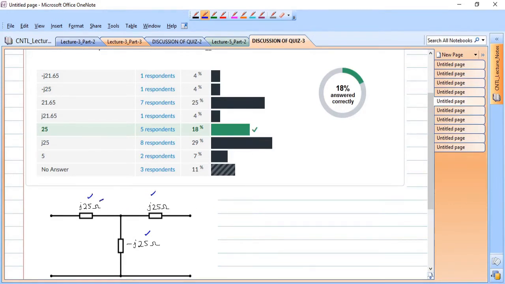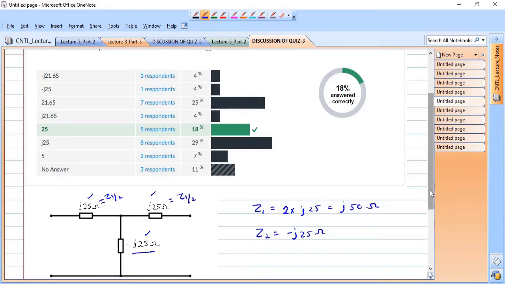This is our Z1 by 2, this is our Z1 by 2. So what is Z1? It is twice of J25. 2 into J25 is equal to J50 ohm, and Z2 is minus J25 ohm. Okay, Z2 is given here.